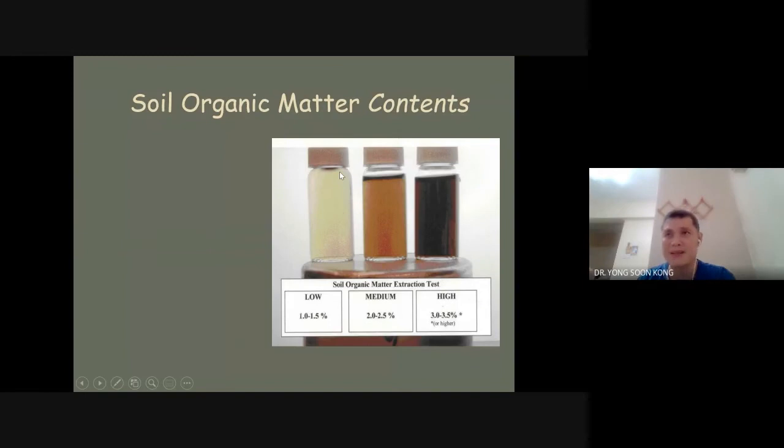Initially we thought organic matter is solid, but if you mix it with water, it can dissolve. Why? Because if you still remember the structure, they can interact with water and become a little bit soluble. And the more organic matter, the darker the solution. I'll explain why it becomes darker. Initially it becomes yellow, then orange, and then completely dark brown in color.